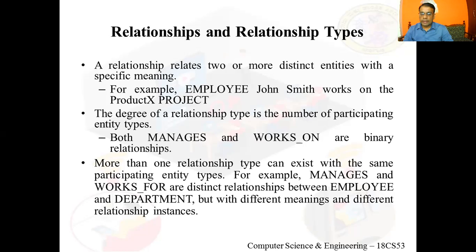In what way is it related? We discussed in the requirement section that employee works on project. Here employee John Smith works on project named Product X. Employee works for department. So there is a link or association among the entities employee and department here.